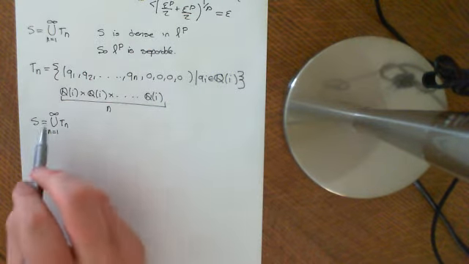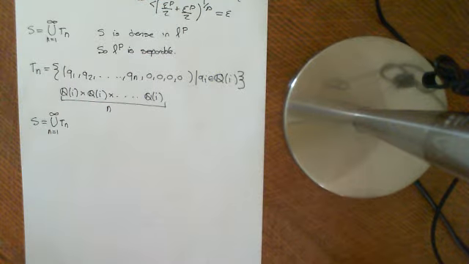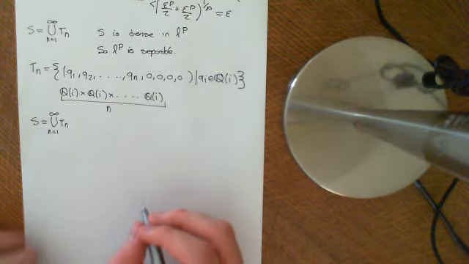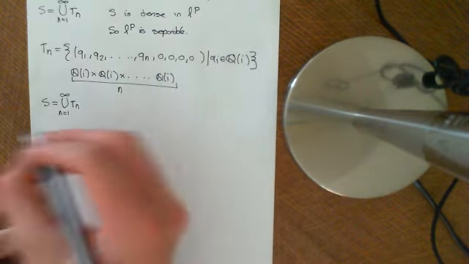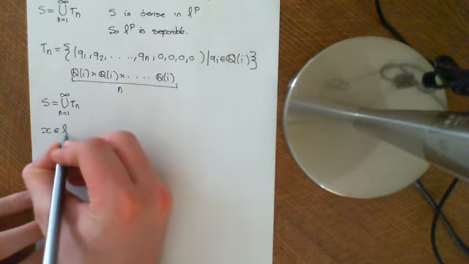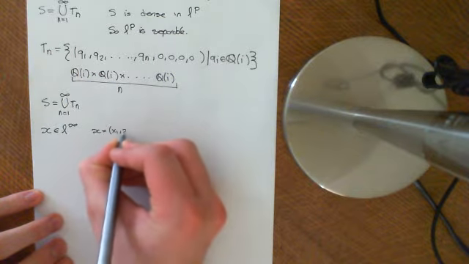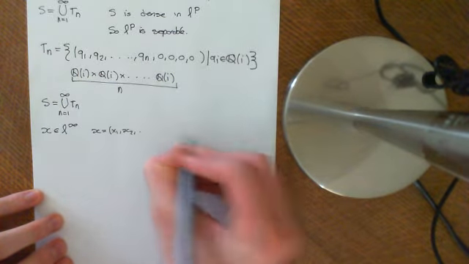And that's also countable, again for the same reason that a countable union of countable sets is countable. Then what we want to prove is that this set S is dense within the L^p space. So you take an arbitrary element x in L^p, that's just some sequence x = (x1, x2, etc.).